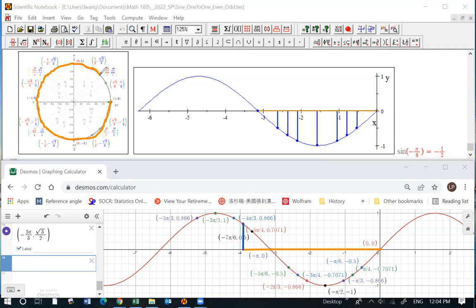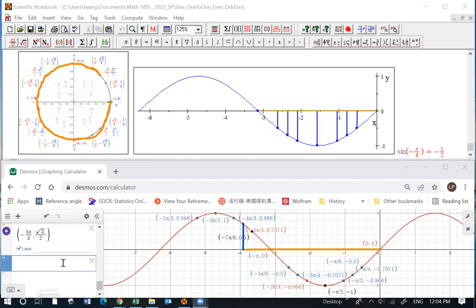So now this is the -7π/4. This is a -7π/4 right there. It was 7π/4 counterclockwise. Now this is clockwise, -7π/4.